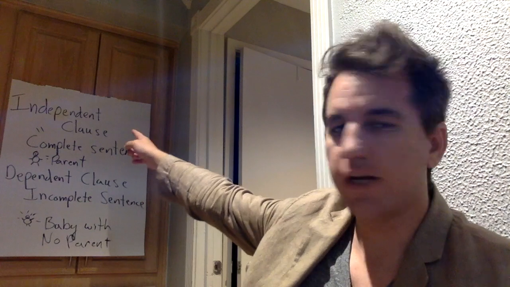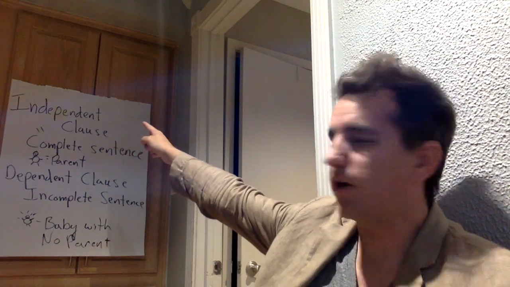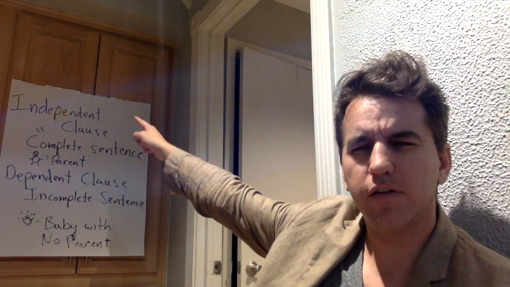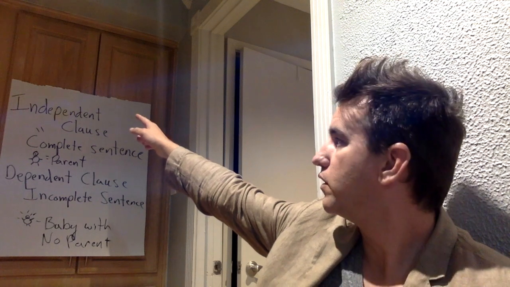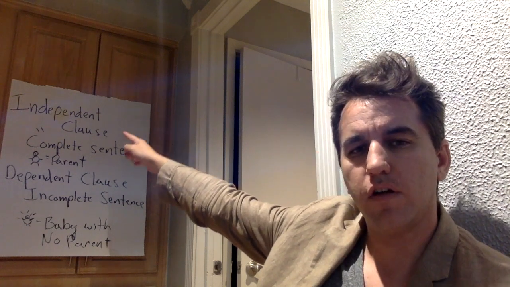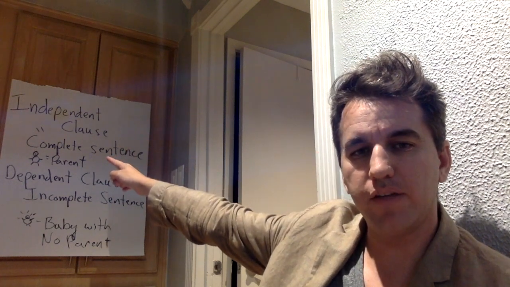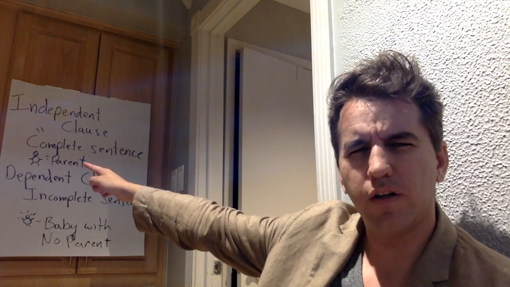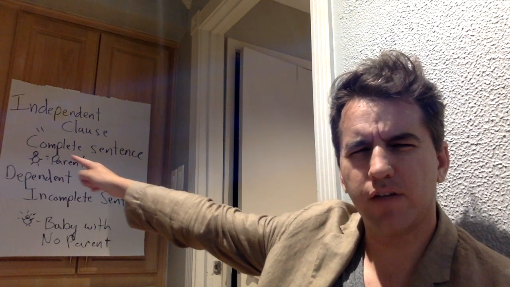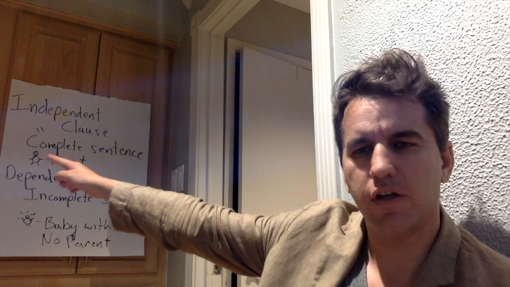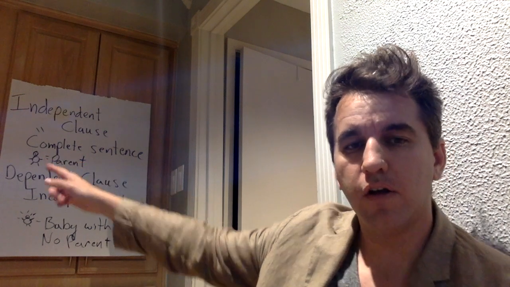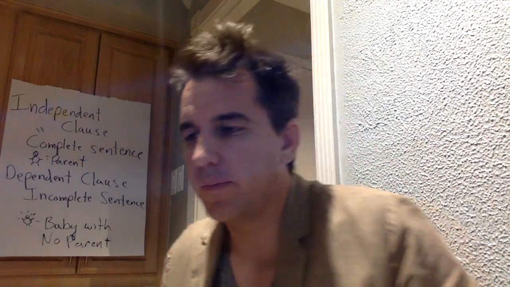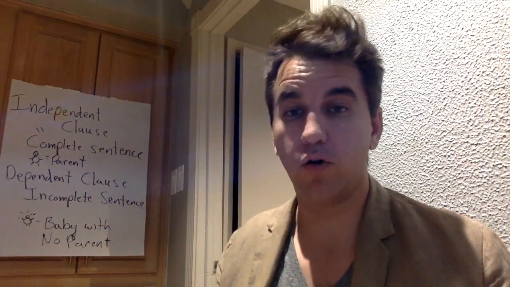So if you look back here, I have written above an independent clause, just so we could show for the sake of these cards, an independent clause is a complete sentence. And then I wrote the word parent, and my poor illustration of a stick figure of a parent. But an independent clause is really like a parent or an adult.